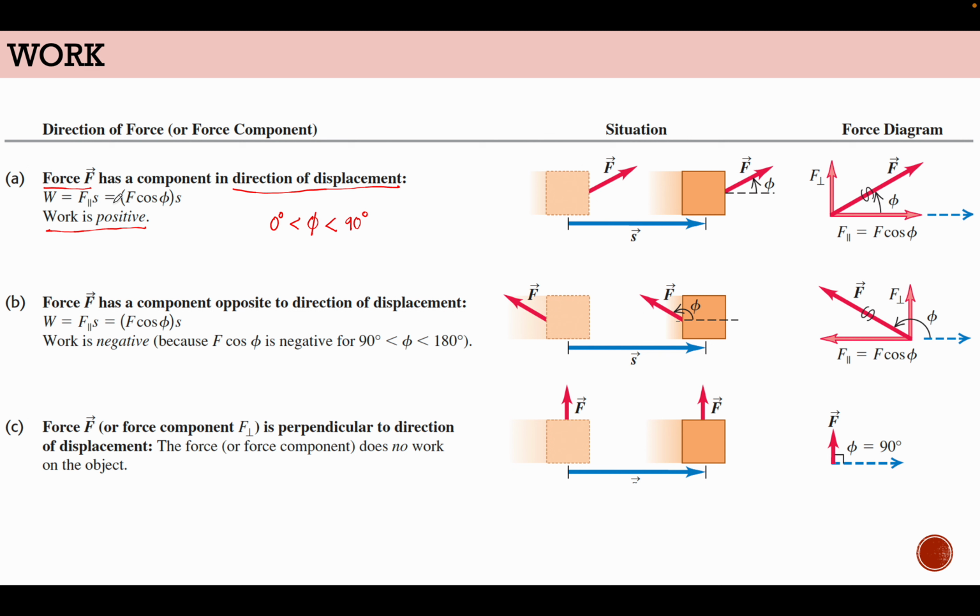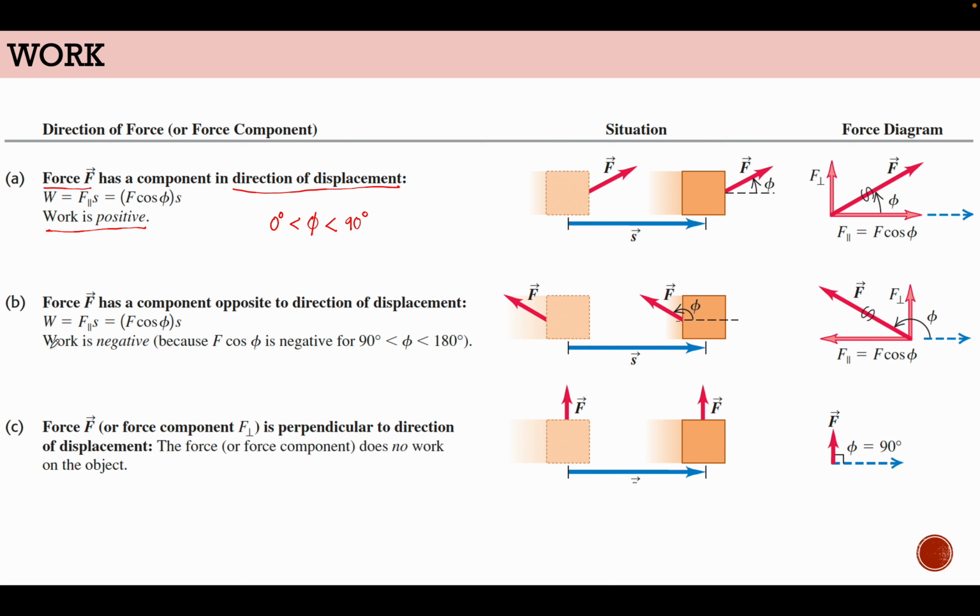That is when our work will be positive: our force must be in the same direction as our displacement, and our angle phi must be greater than 0 but less than 90 degrees.